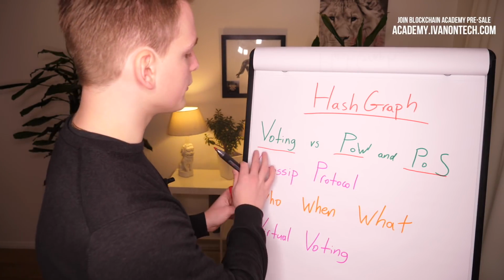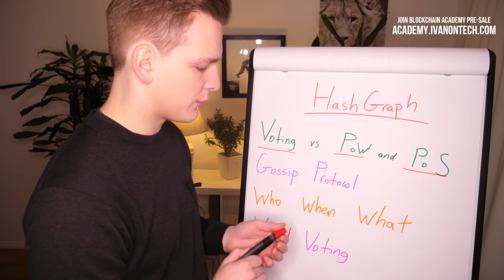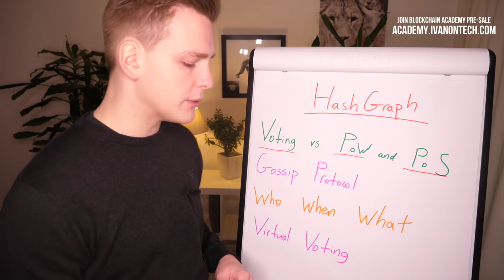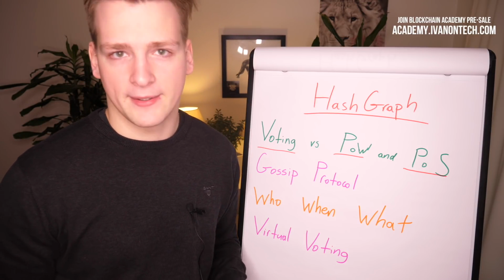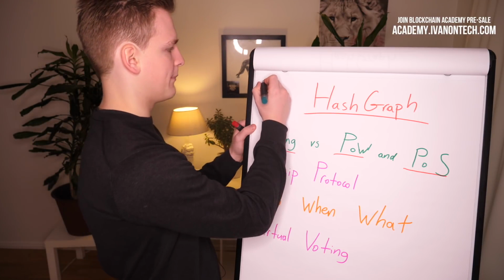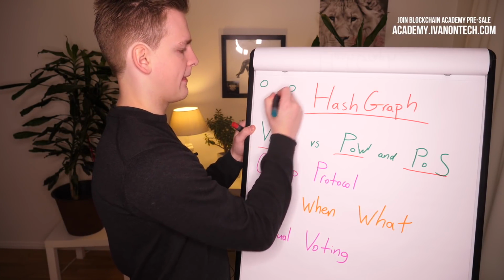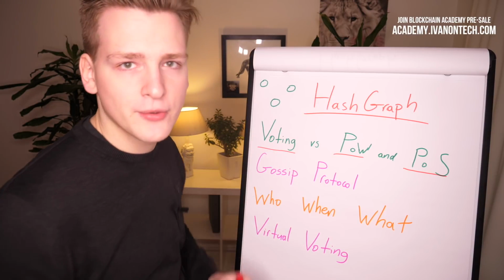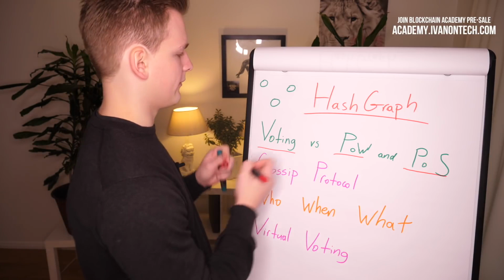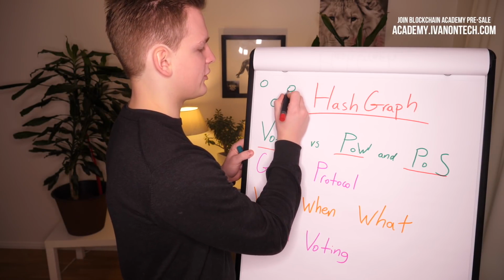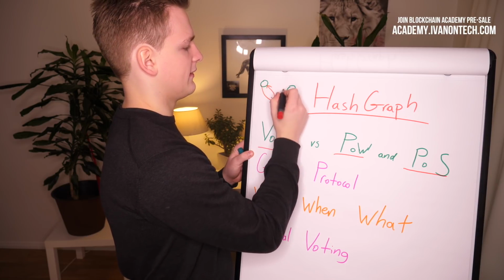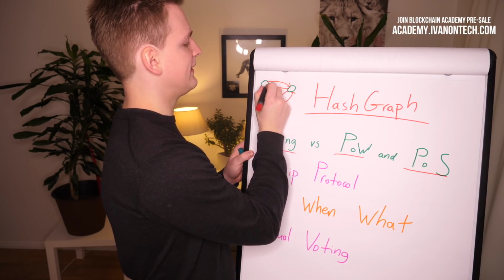The whole idea with the voting algorithm is that we have different nodes in the network, and they all tell each other what they think happened. For example, we might have a couple of nodes, and these three nodes need to decide on whether a transaction is valid or not. All of them will just tell each other what they think. As you can see, this system is extremely decentralized.